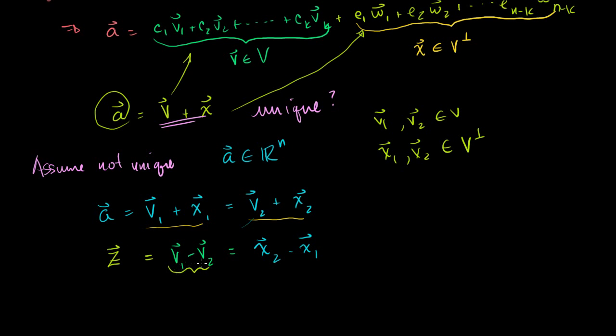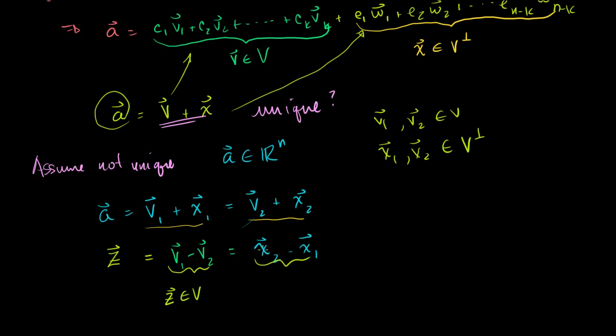Any subspace is closed under addition. So if you take the difference of two vectors in a subspace, then the resulting difference is also going to be in the subspace. So Z is going to be a member of our subspace V. And then this vector right here, which is also the same thing, we just set it equal to our vector Z. This thing is going to be a member of V perp.